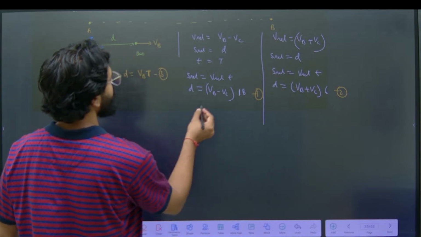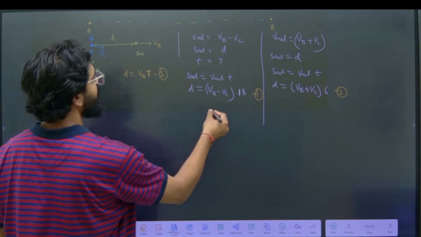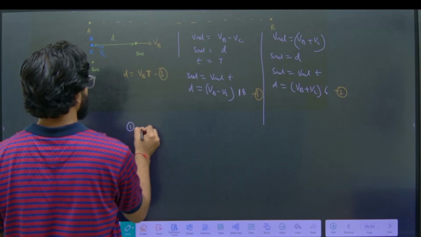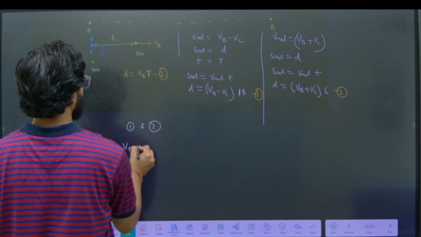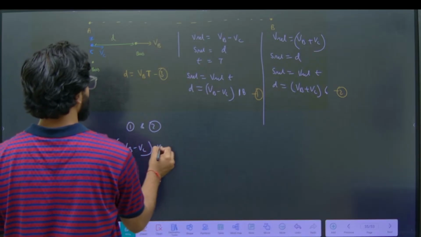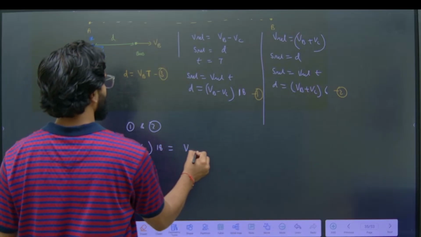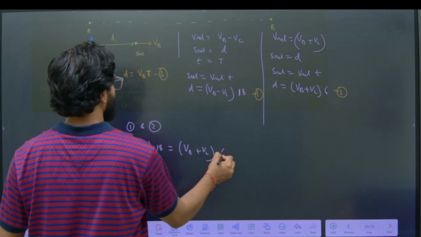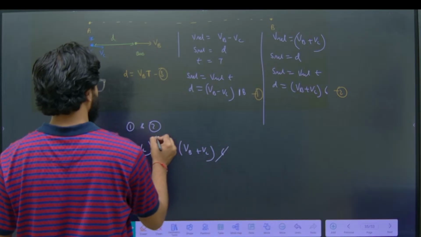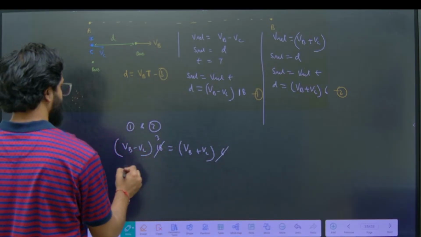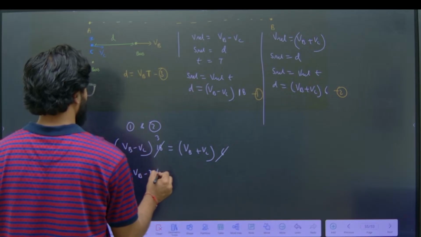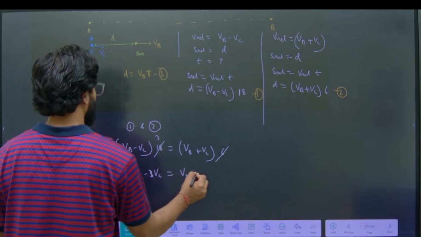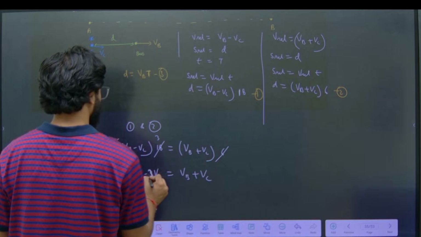So from 1 and 2, we can write vb minus vc into 18 equals vb plus vc into 6, cut by 3. So 3vb minus 3vc equals vb plus vc.